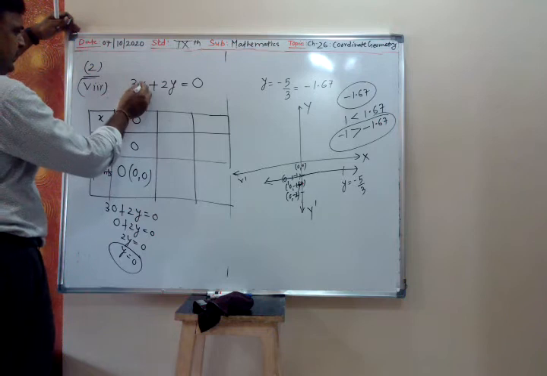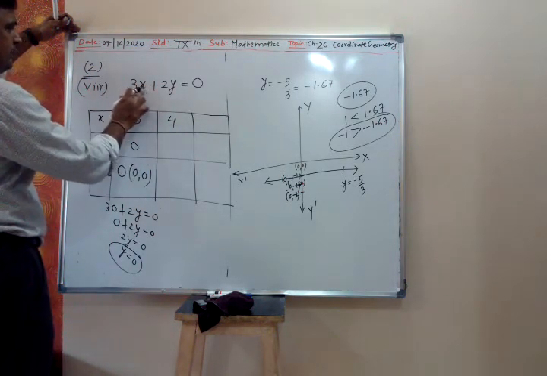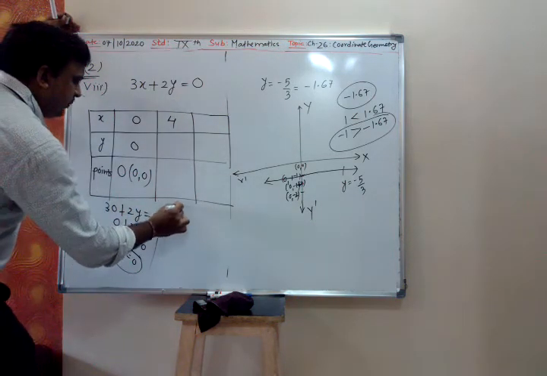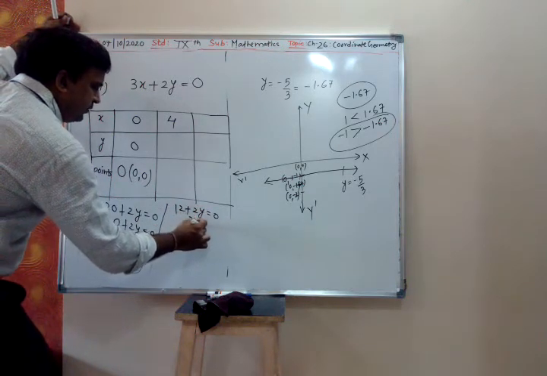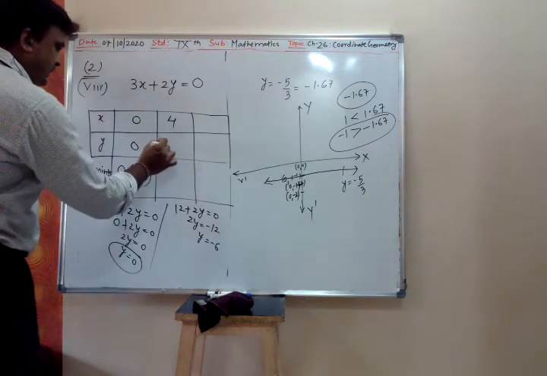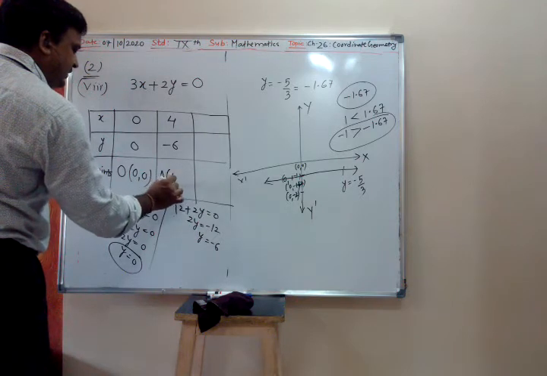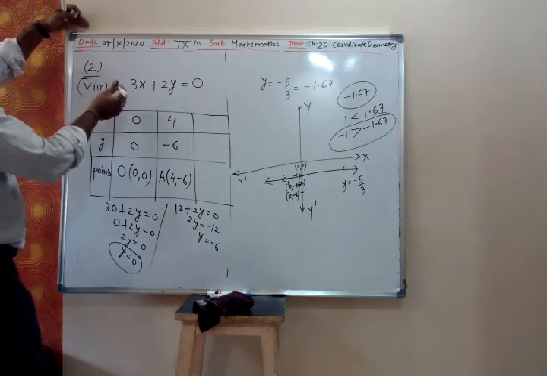If you take x as 4, chalo, take x as 4. X is 4, then it is 12. 12 plus 2y is 0. So you will get 2y is equal to minus 12. So y is equal to minus 6. Very good. So the point we take A, 4 comma minus 6. Yes, negative also, it can be negative also.